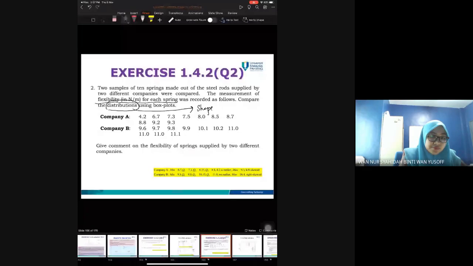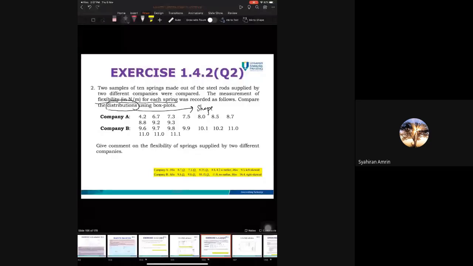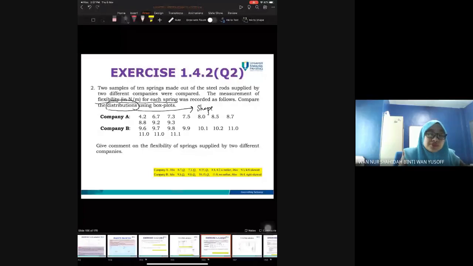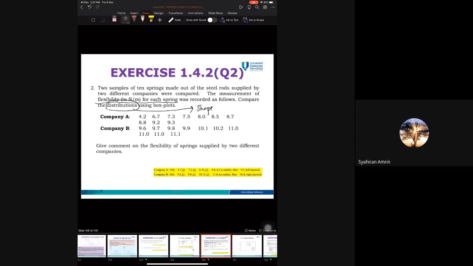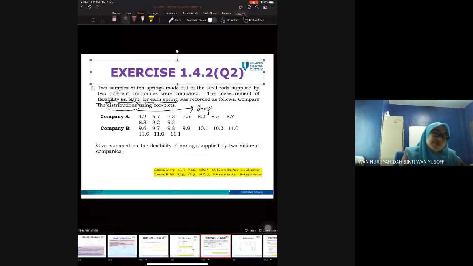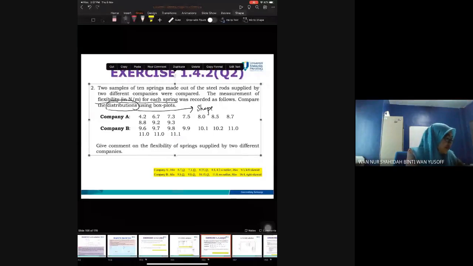Measure of central tendency. Another one, histogram. So histogram and also measure of central tendency.